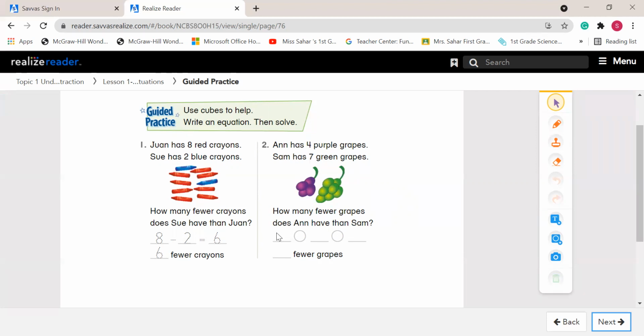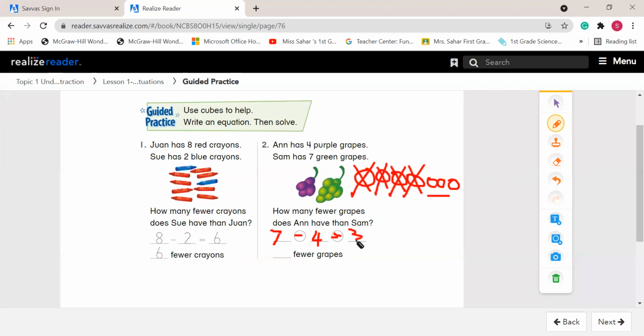So 7 take away 4 equals. You can draw circles and cross them out. So 7: 1, 2, 3, 4, 5, 6, 7, take away 4: 1, 2, 3, 4. So we have 3.